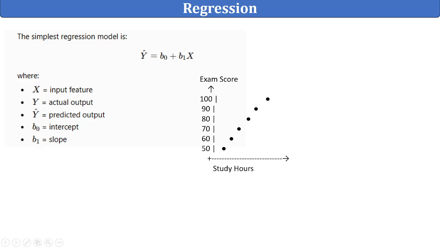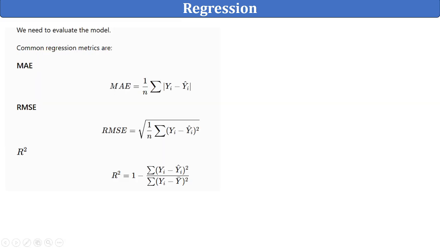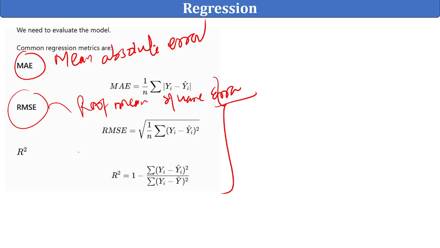Here we are going to find a curve like this, and it depends on how good a fit we have. We also have to evaluate the model: this is the mean absolute error, this is the root mean square error, and this is the correlation coefficient.